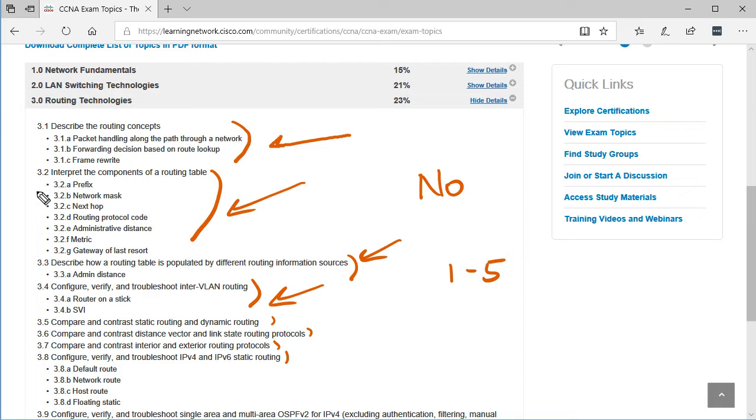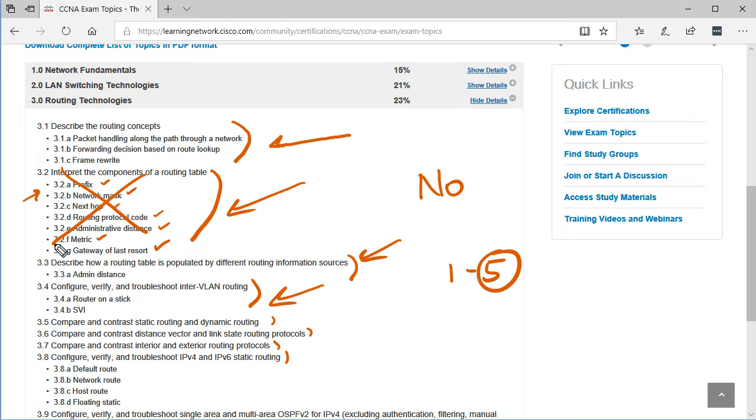So if you look at this and you say, oh yeah, interpreting the components of a routing table, there's the prefix, the mask, the next hop, the routing protocol code, the admin distance, the metric, the gateway of last resort. Yes, I can pick those out. I know what they do. I'm a 5 on that one. Well, guess what? That is scratched off your list. Move on. You have bigger fish to fry waiting for you in the blueprint.